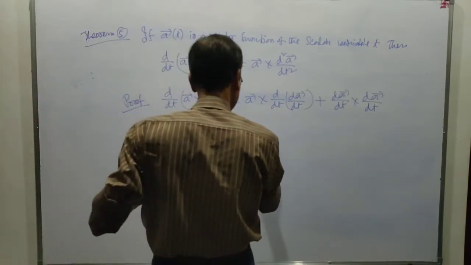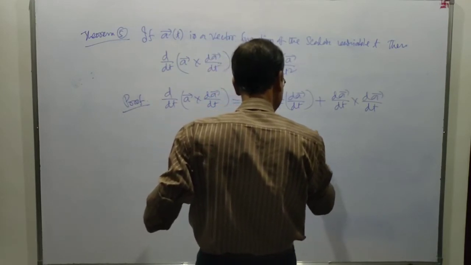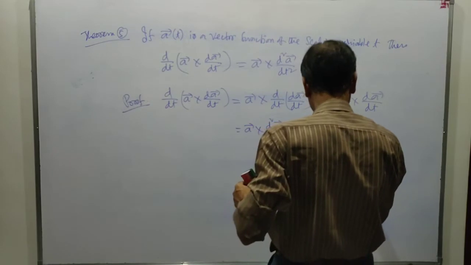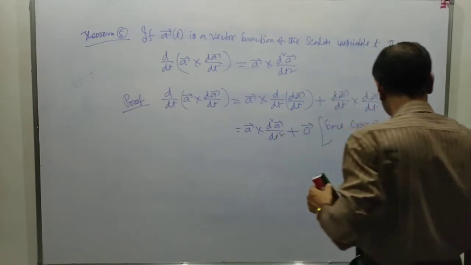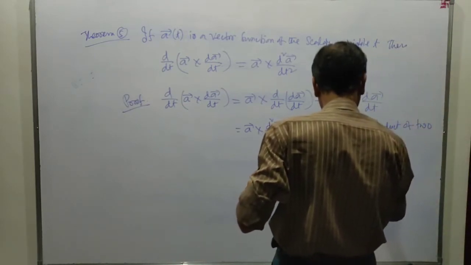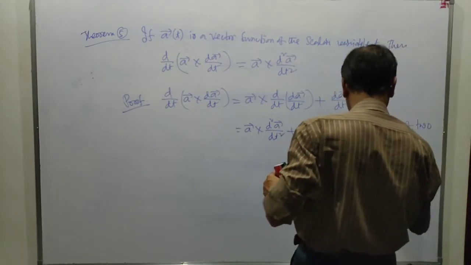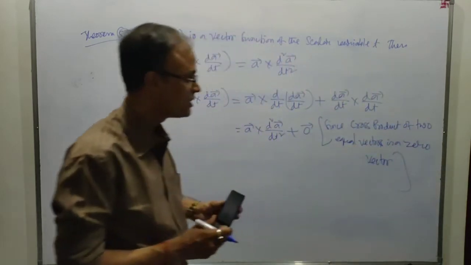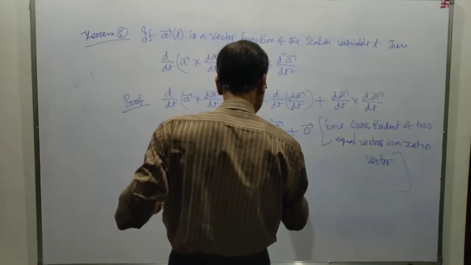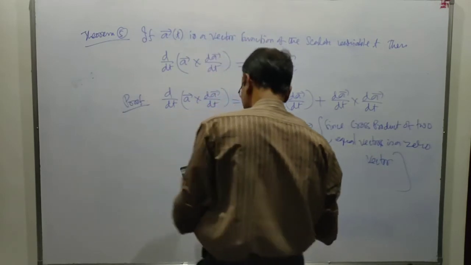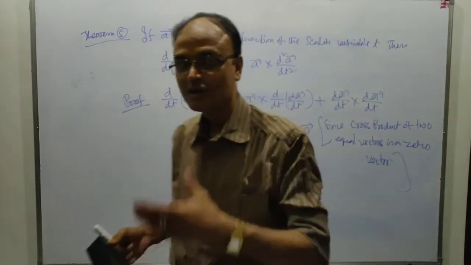This is equal to A vector cross d2A vector by dt square plus a 0 vector, since the cross product of two equal vectors is a 0 vector. So it is equal to A vector cross d2A vector by dt square. It has been proved. It is actually very easy.